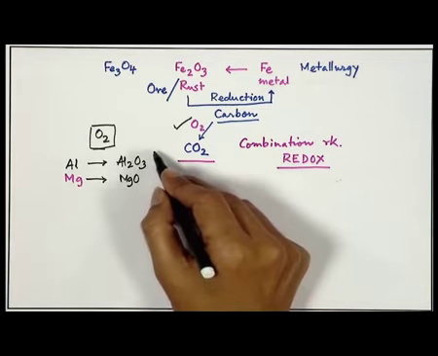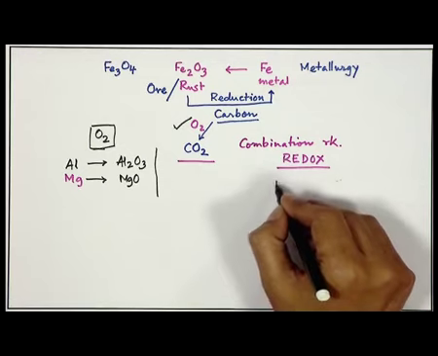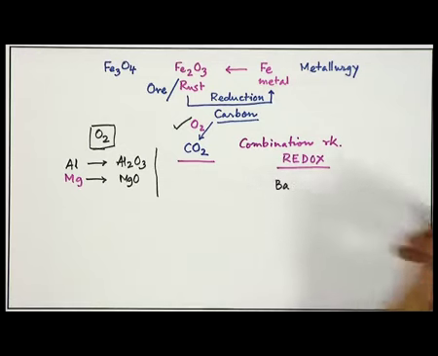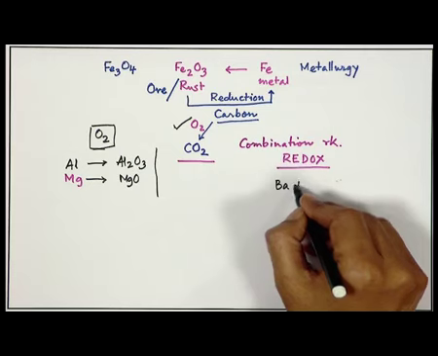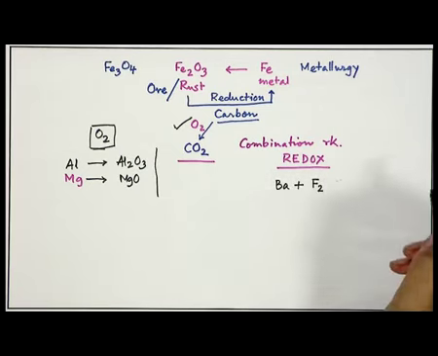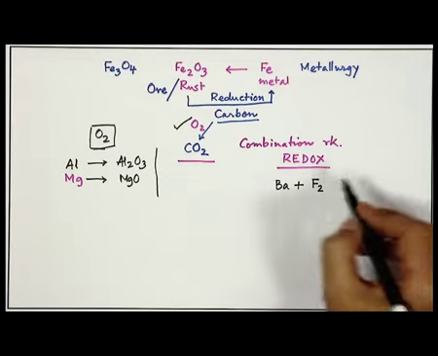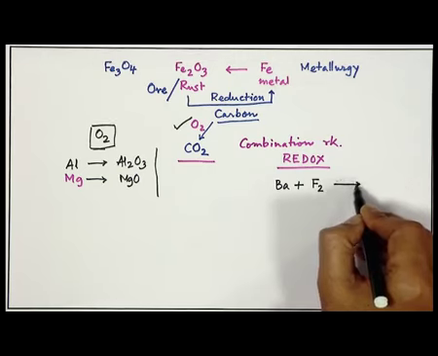So, another category of this combination reaction is that if we have the metal itself and we go for the reaction not with oxygen, but another more electronegative element, in the form of fluorine gas. So, what will form?